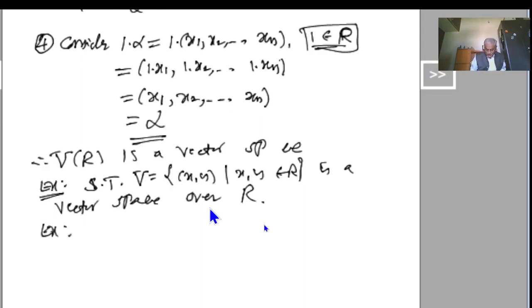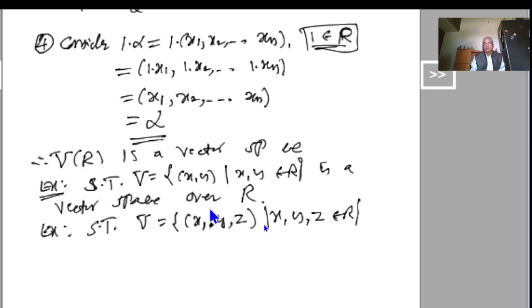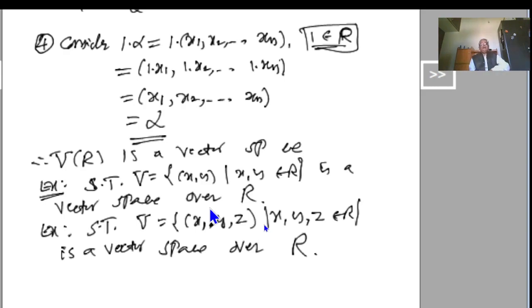Or particular cases: show that V equal to (x, y, z), where x, y, z belong to R, is a vector space over R. So here n is equal to 3, and here we have n equal to 2. In a similar way, we can prove that these are vector spaces over R.